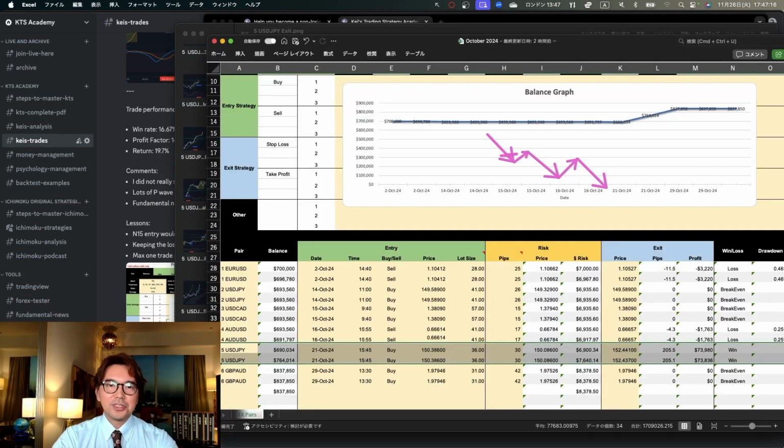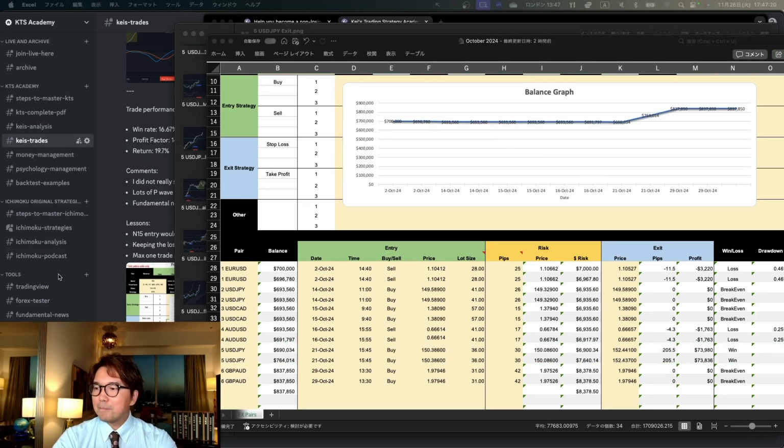But to be able to do this, you have to be very patient. If you are not patient, if you just take profit in the middle of the trend, just because you get 100 pips, just because you are happy to make profits, you may miss out on the further potential profits.